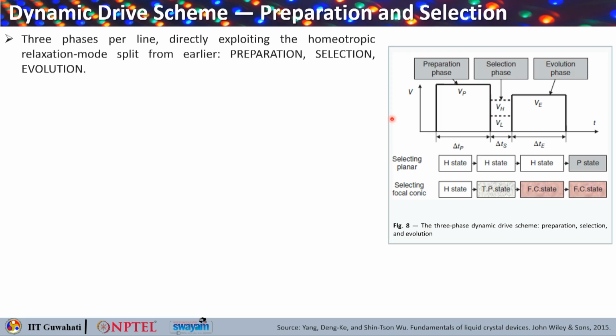Here we'll see that the dynamic drive scheme uses 3 stages, or you can say 3 phases per line, which directly exploits the homeotropic relaxation mode split from the earlier one. The 3 phases are preparation, selection and evolution.